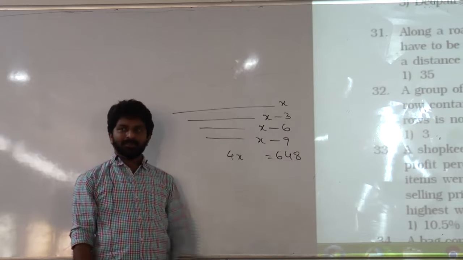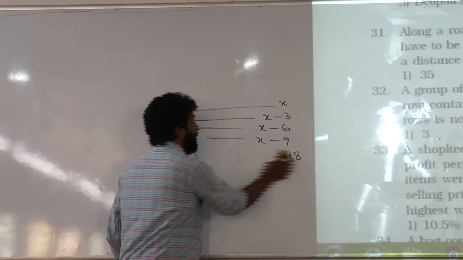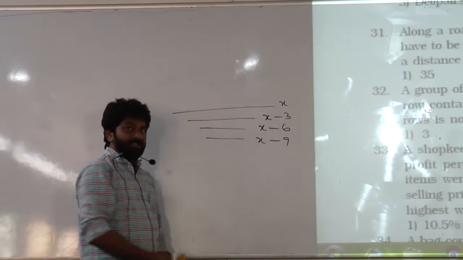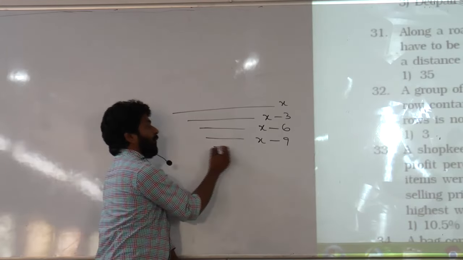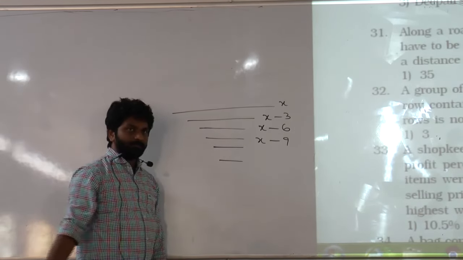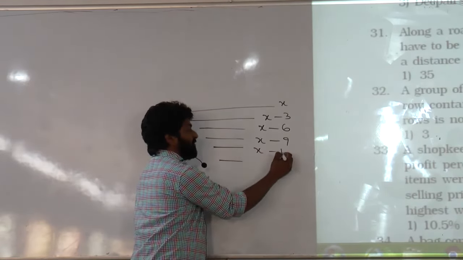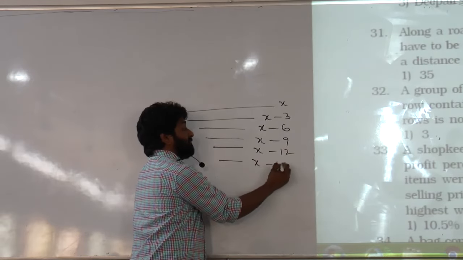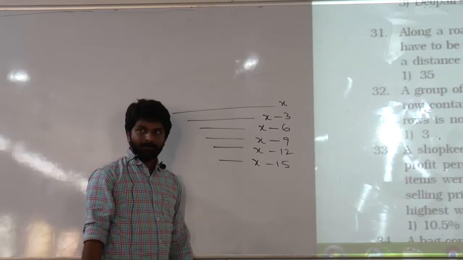Yes, this is possible. If you have 6 rows, 1 more row and then 1 more row. This is x minus 12, x minus 15.